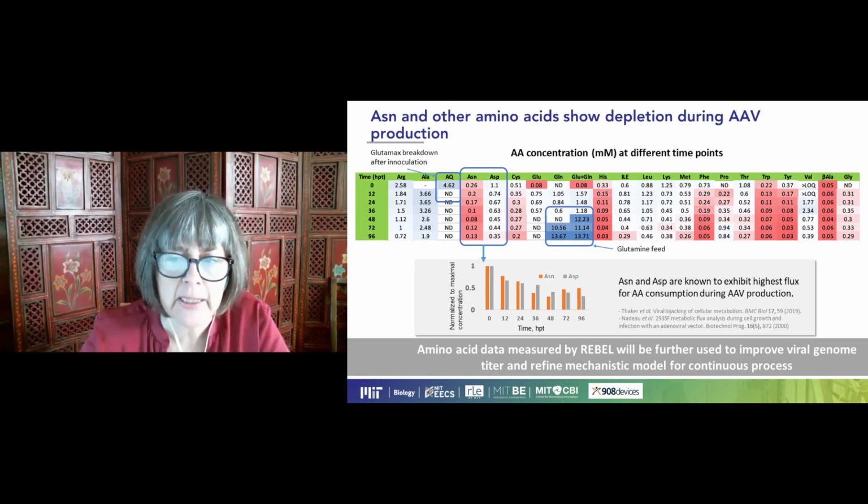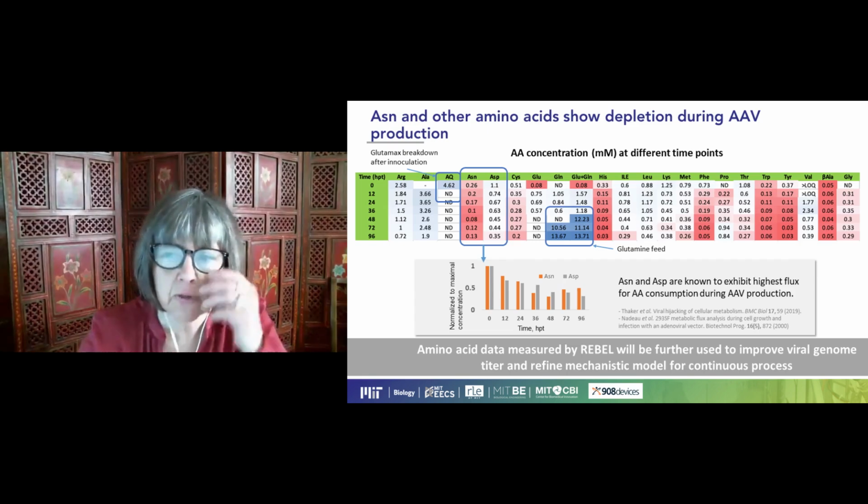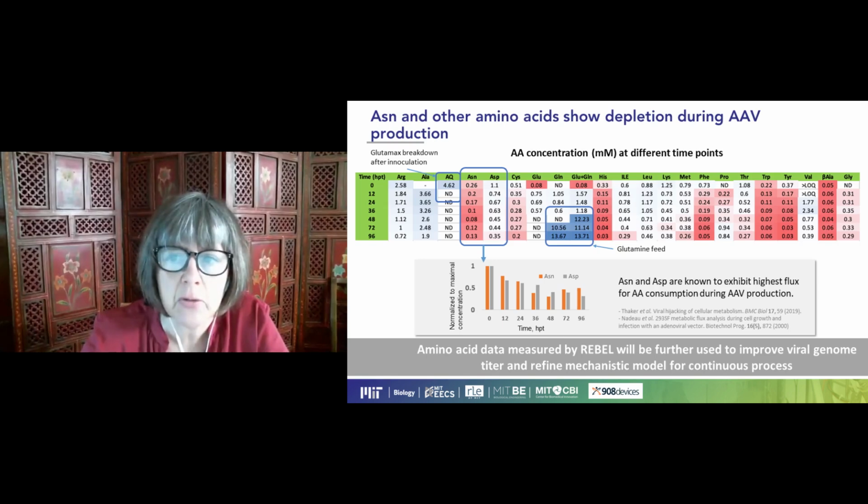Asparagine and aspartic acid are known to have high flux, so they're highly consumed by the cells. But I think every system can be a little bit different, but these 2 definitely are very important. But we can see from the experiment that there are some essential amino acids being depleted. So these must be also highly consumed. And so I think basing your experimental design on known information, but also observing your own system to see what is needed, always.